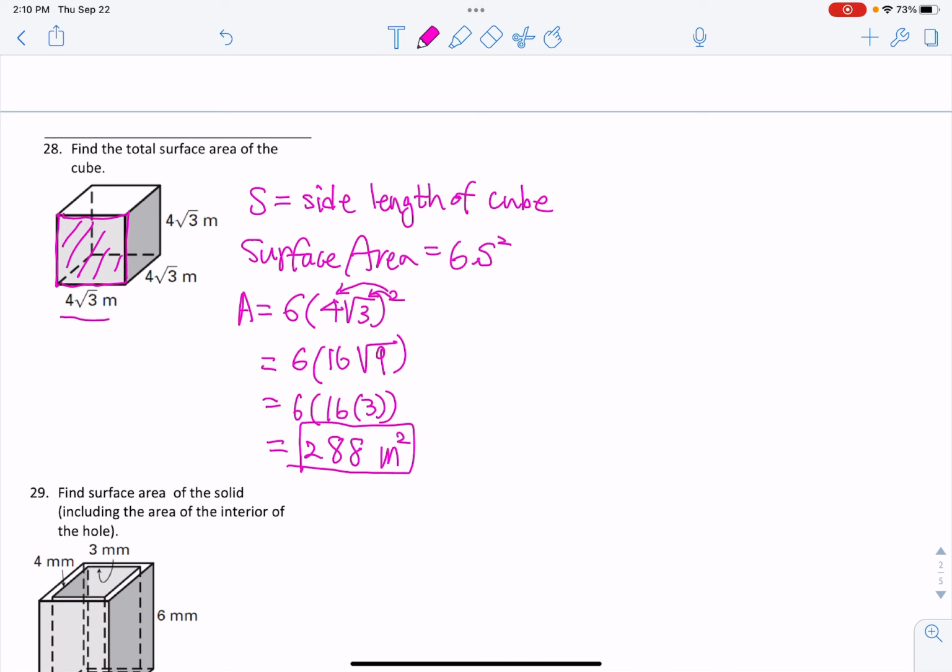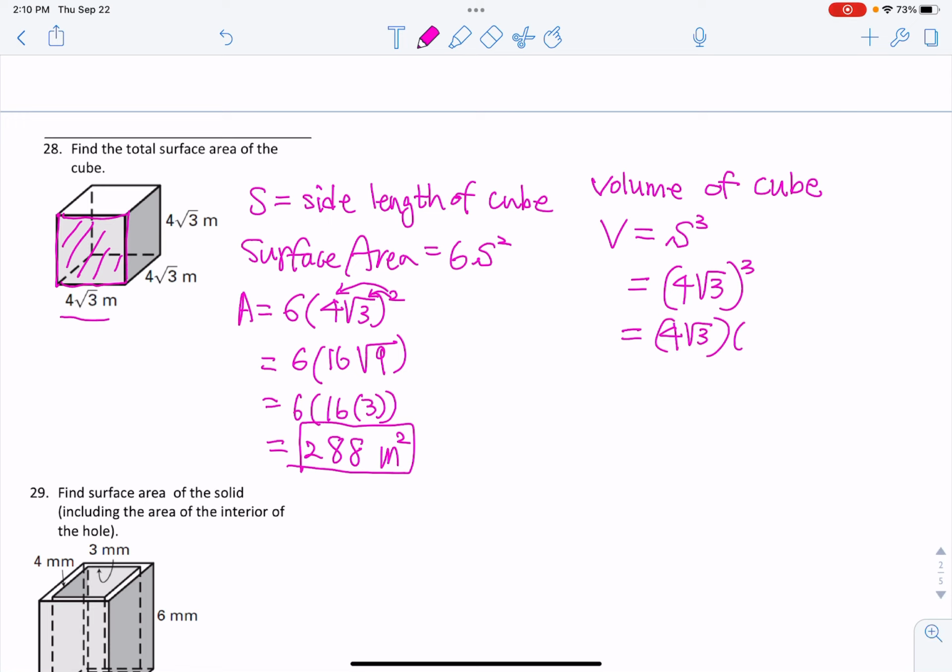And then what if they ask what is the volume of the cube? Each side length S cubed is S times S times S. So for this one, since the side length is 4 square root 3, cubed means 4 square root 3 times 4 square root 3 times 4 square root 3.